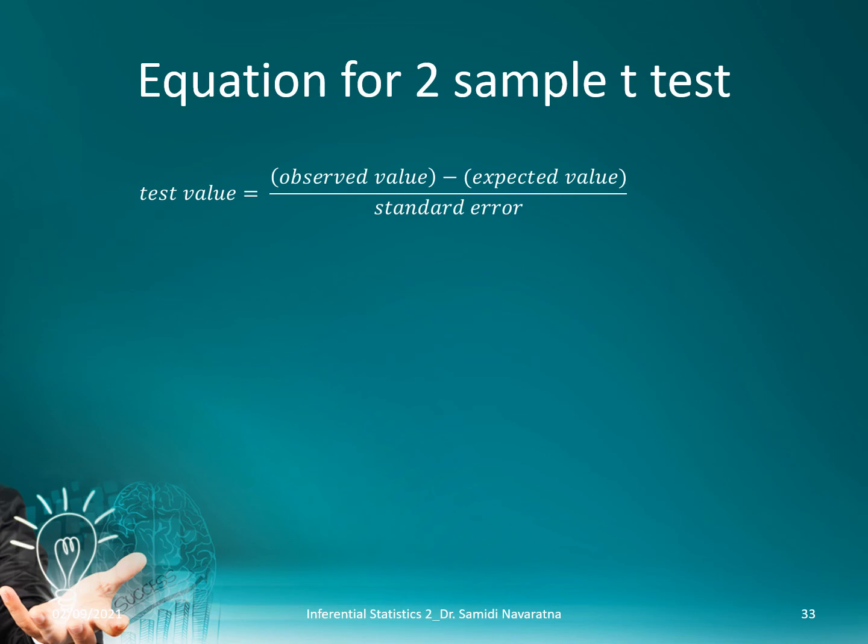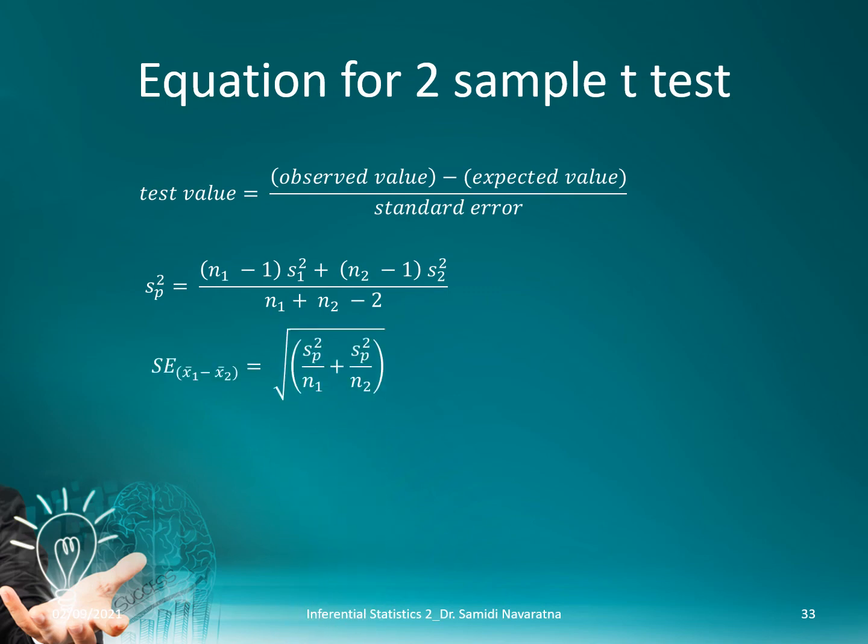We are going to pool it. The idea is that this estimate adjusts for different group sizes. So let's see. The square of the pooled standard deviation is given by this equation. The standard error is given by this equation.